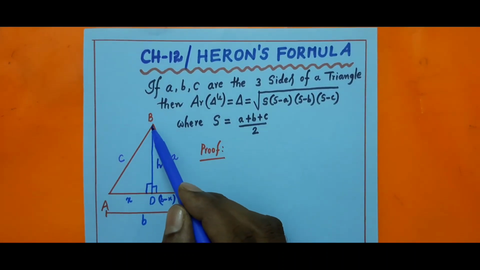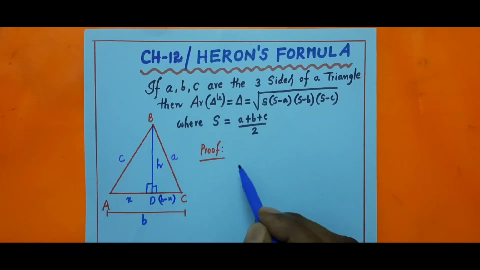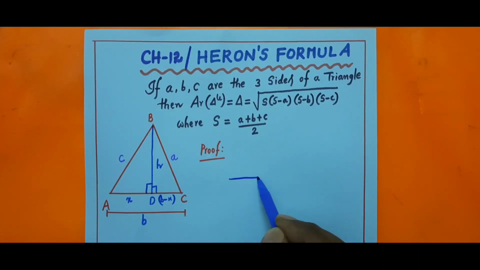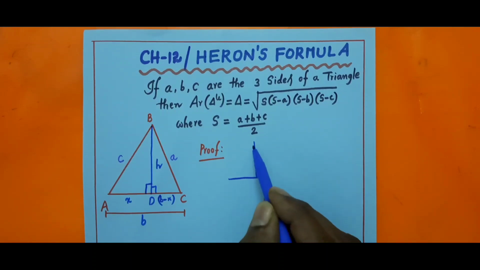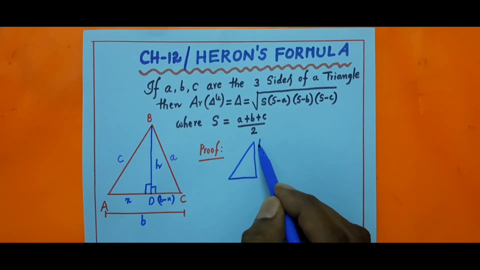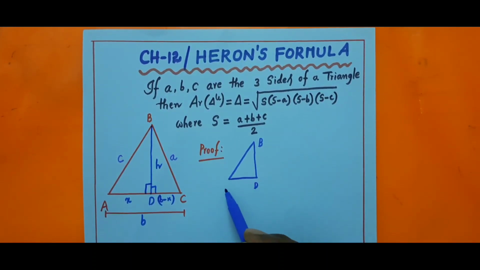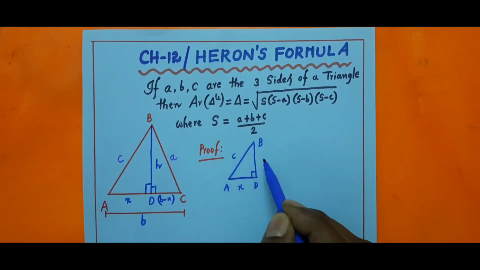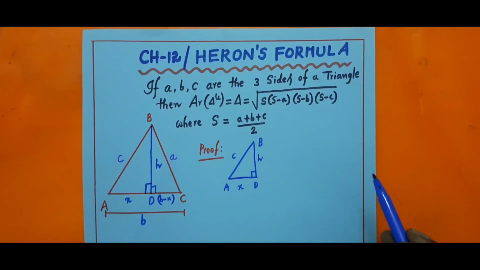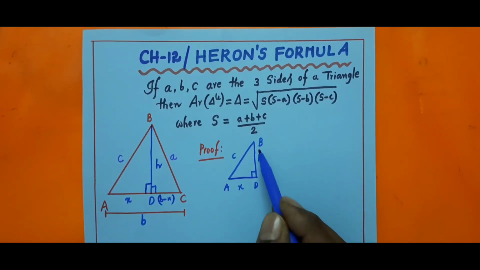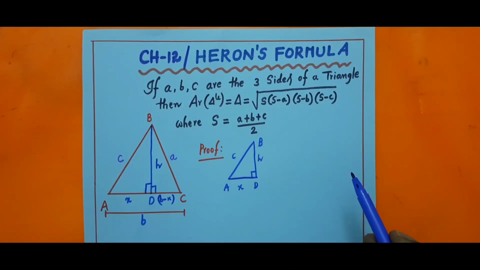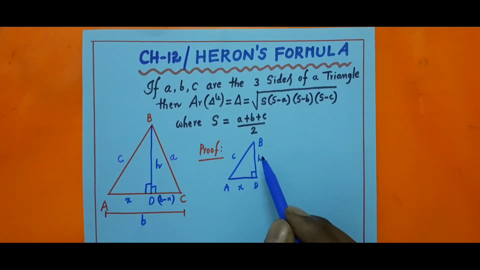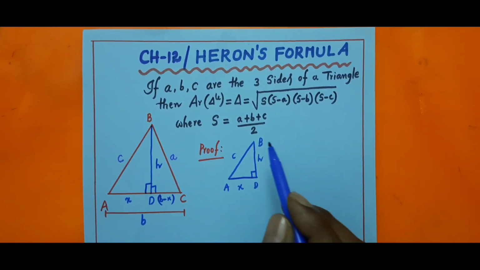First of all, you take triangle BDA. For your convenience, I am going to draw it here separately. That is BDA. This is 90 degrees. AD is x, AB is c, BD is h. In this right angle triangle, I am going to find out the value of h.